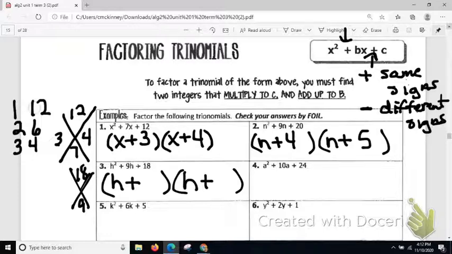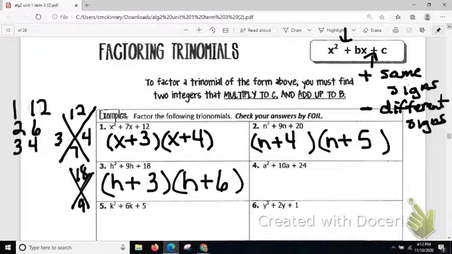Does 3 go into 18? 3 times 6. And does that add up to 9? Ding, ding, ding. Winner, winner, chicken dinner. So h plus 3 and h plus 6. Hopefully starting to click a little bit.